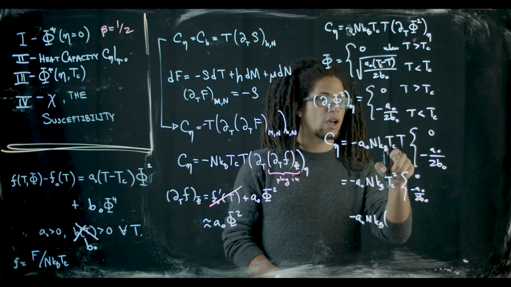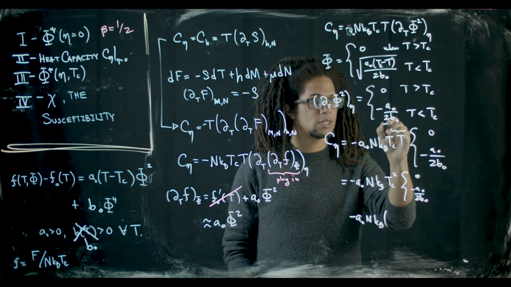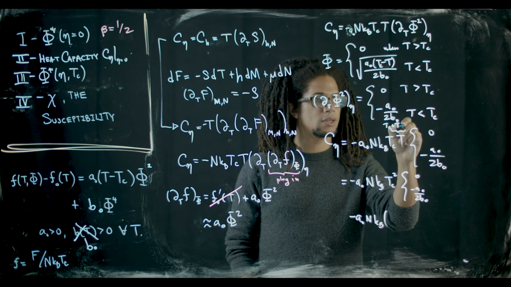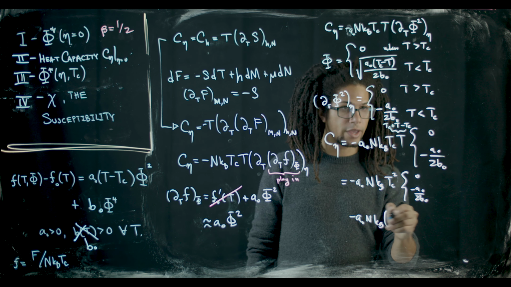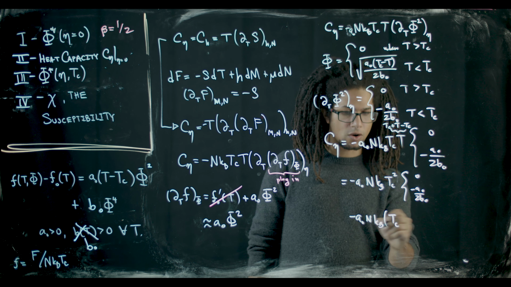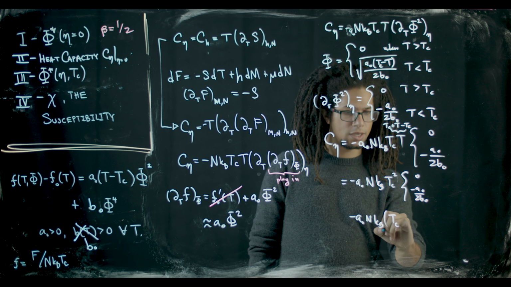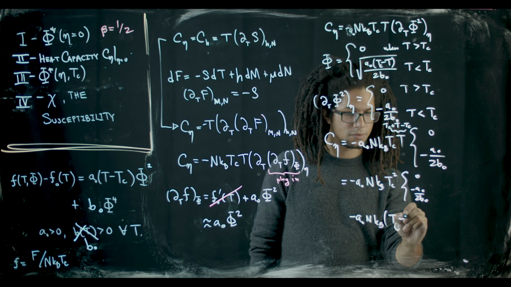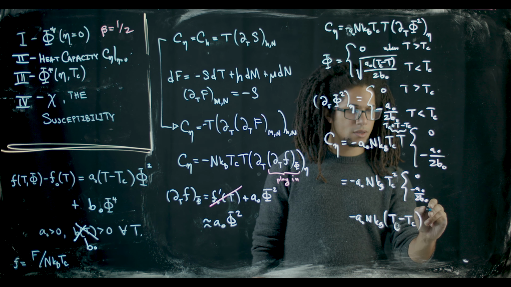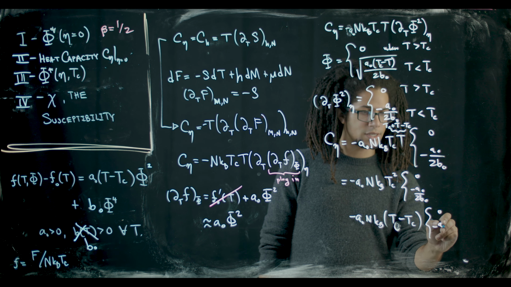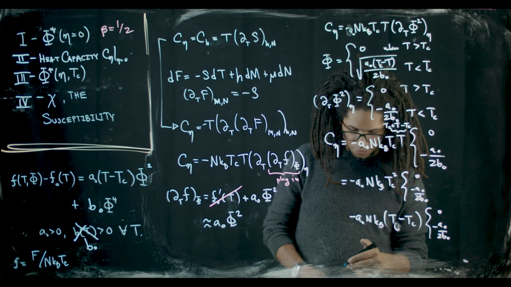So what I've done here, I've just split this into T_c plus T minus T_c. Okay, so then plus, or this minus sign here, T minus T_c times 0 minus a_0 over 2b_0.